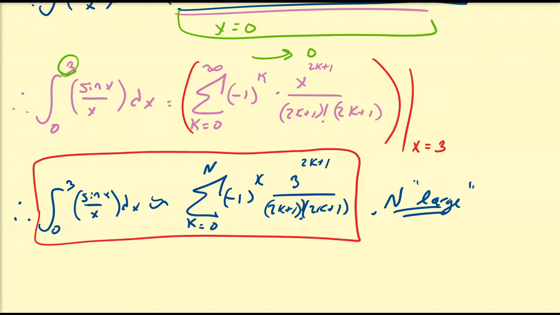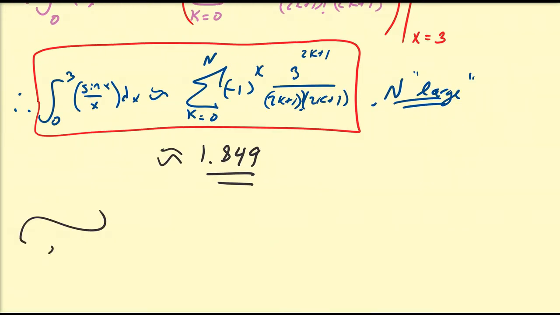So this is my approximation to this integral, and if you choose N to be large, you'll find that this is approximately equal to 1.849. So that is one example of how to use Taylor series to approximate. Let's do another.